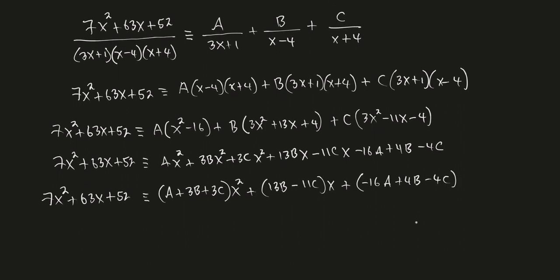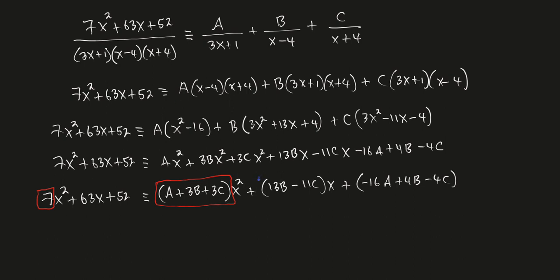Right? Well, how does this help? Well, the thing is, we're saying that these two quadratics are identical. That's what this statement is saying, that this quadratic on the left is identical to this quadratic on the right. That means whatever is multiplying the x squared on this side has to be equal to whatever is multiplying x squared on this side.